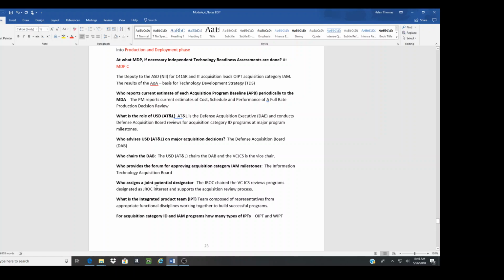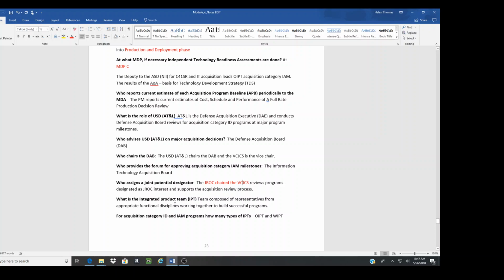Who assigns a joint potential designator? The JROC, chaired by the vice chairman, reviews programs designated as JROC interest. Anything that has the word joint on it, remember JROC, the Joint Requirements Oversight Council, chaired by the vice chairman of the Joint Chiefs of Staff, reviews anything that has the potential to be a joint program.